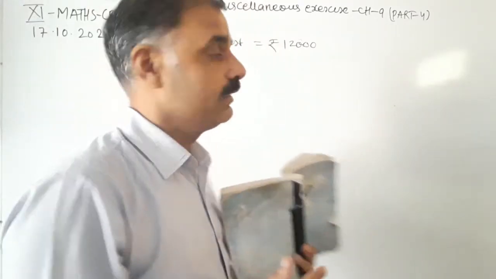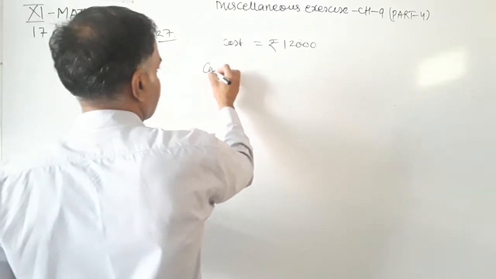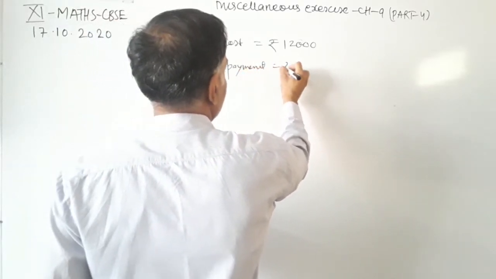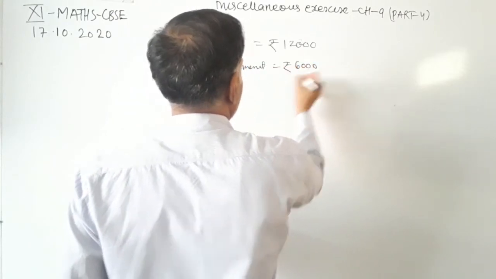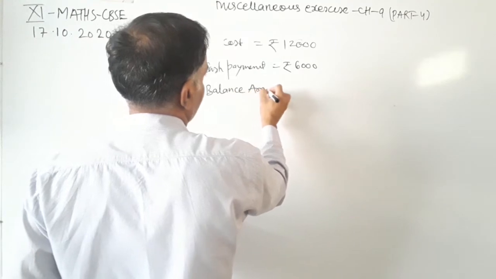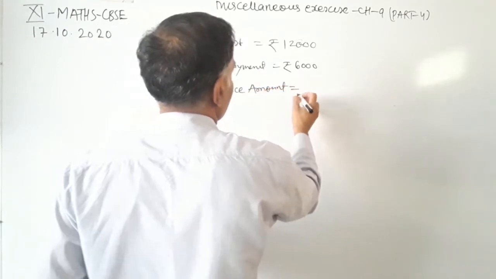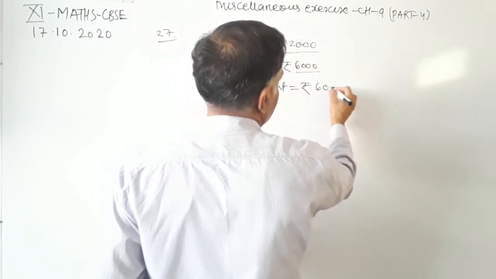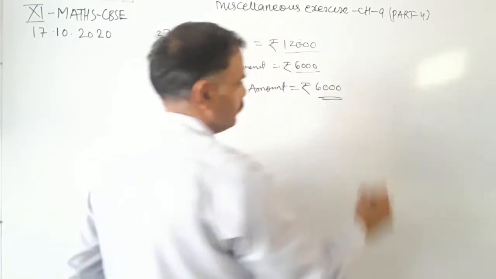So the cash payment is rupees 6,000. So the balance amount equals rupees 12,000 minus 6,000, that is 6,000 rupees is the balance.